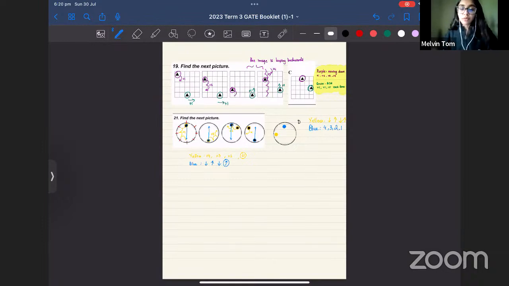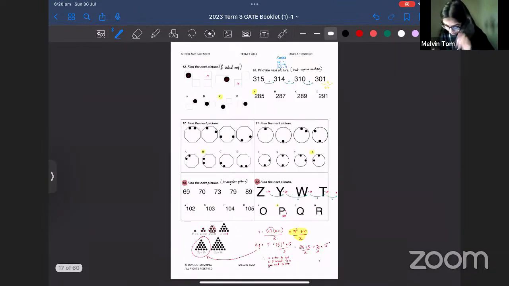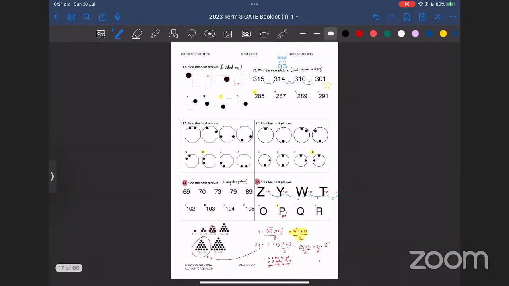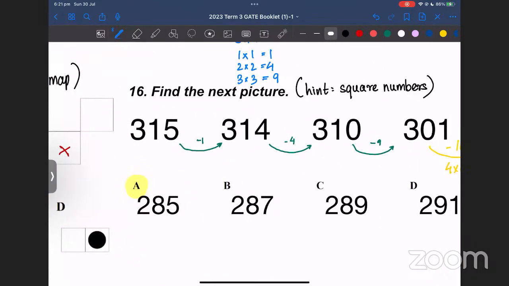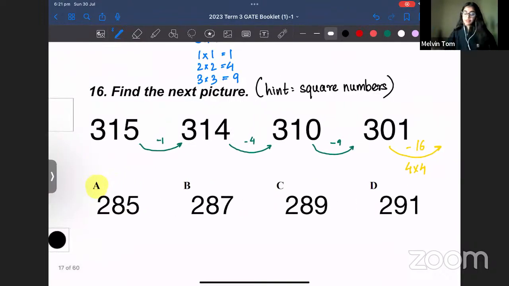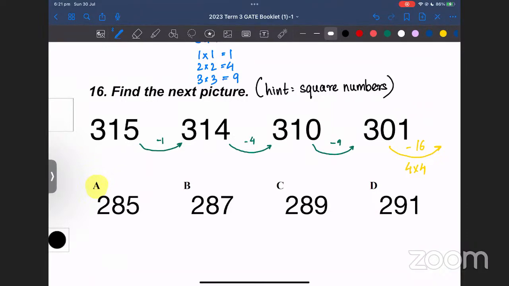But I actually don't remember who won the Saturday 1 to 3 p.m. class. Okay, let's see. Question 16. Can you also do question 19? Will do. After question 16, we'll do question 19.